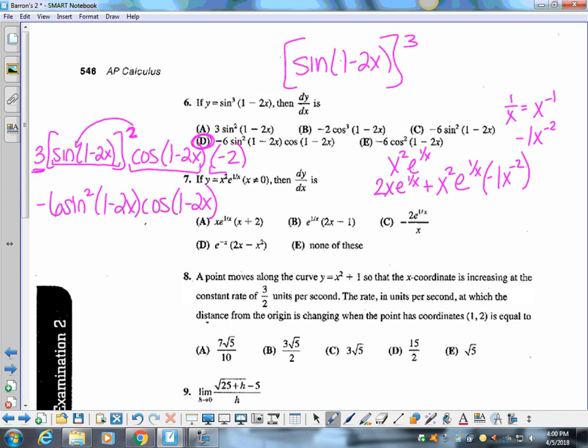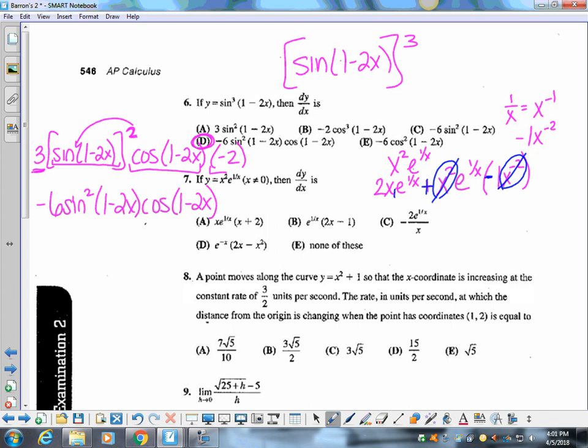So this being multiplied by that is going to cancel because that's an x squared on the bottom. So these are going to completely cancel. That negative right there is going to change that plus to a minus. And if I'm looking at my answers, it looks like they've GCF'd.